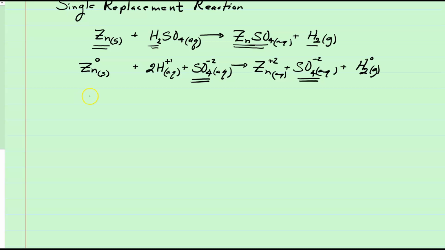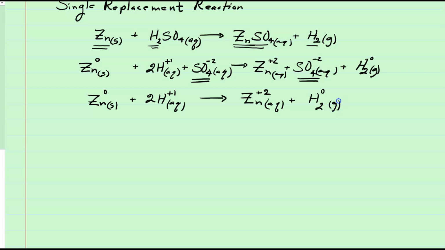So what this says is when zinc metal encounters hydrogen ions from any source, the zinc metal donates a pair of electrons, and the hydrogen plus 1 accepts a pair of electrons, 2 of them, one for each hydrogen ion, and the zinc forms a zinc ion, the plus 2 charge, and the 2 hydrogen ions with the 2 electrons combine to form hydrogen gas, which actually leaves the reaction mixture.